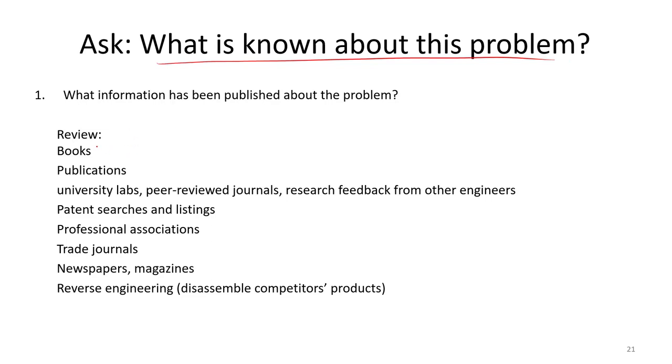And so we might review books, publications, maybe research, university journals, maybe patents, professional associations, trade journals, newspapers and magazines. In some cases, we might even disassemble the competitor's product and do reverse engineering. Of course, if you do that, you need to be careful of potential ethical issues, but it can and sometimes does happen where people will take apart a competitor's product and examine how others have approached the problem.